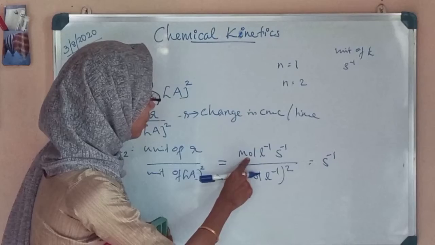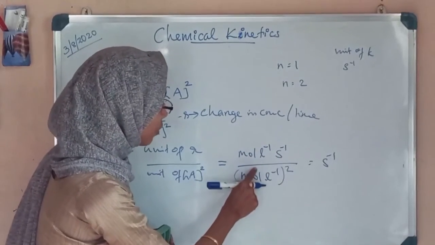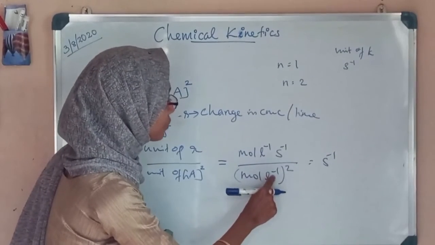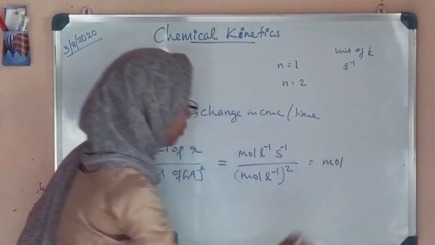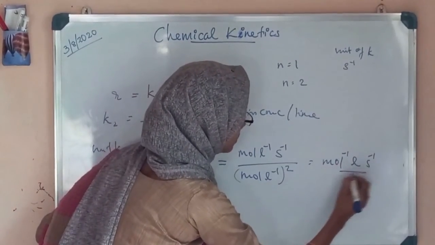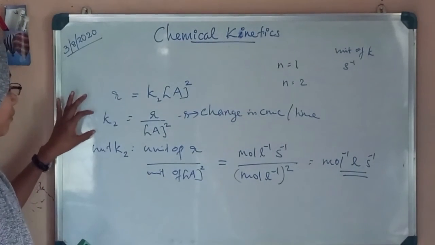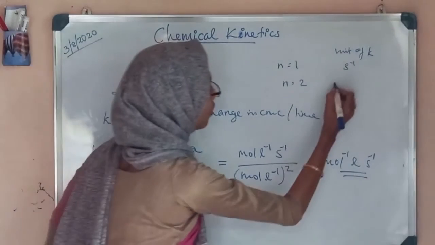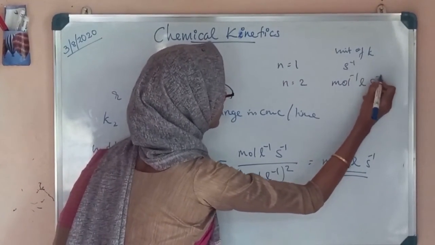It is equal to mole liter⁻¹ second⁻¹ divided by mole² liter⁻², which is equal to mole⁻¹ liter second⁻¹. That is, for a second order reaction, the unit of rate constant is mole⁻¹ liter second⁻¹.